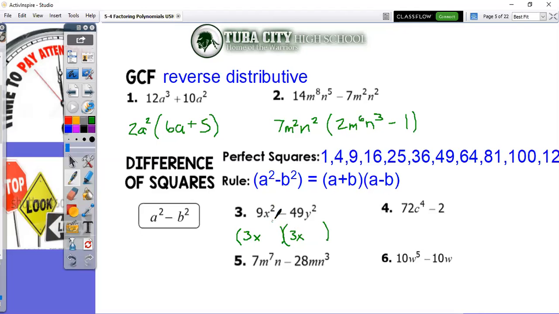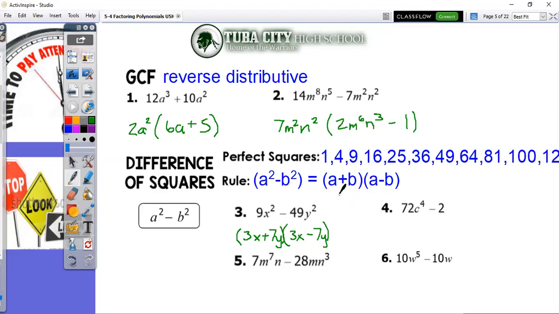For now, I'm going to ignore the sign, but it will be a plus and a minus. The square root of 49 is 7. And y squared, if we unsquare it, is just y. So 7y, 7y.